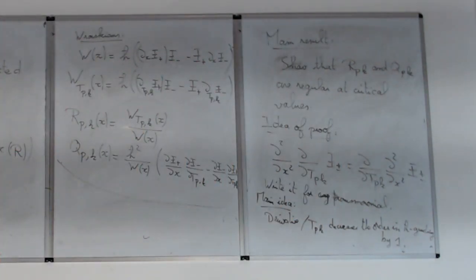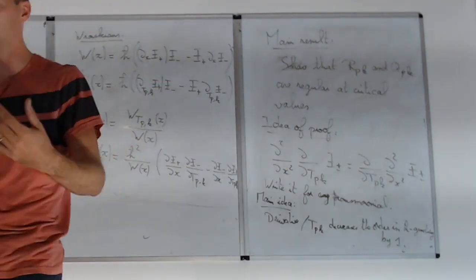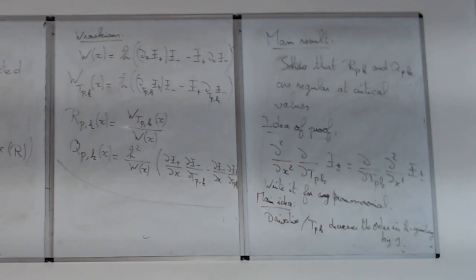If you do an x derivative, this is not true. This preserves the grading. There's no decrease. And so you have to be careful when you do this. And when you do it, you can inductively prove that all quantities, all coefficients in the H bar transmonomial are regular at a critical point by induction. But this is like a very long induction proof. Okay?